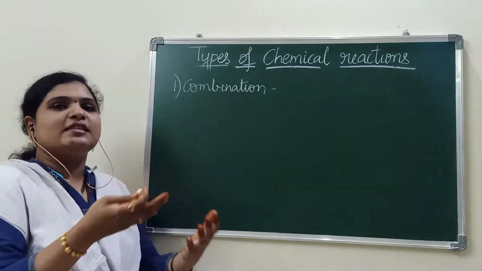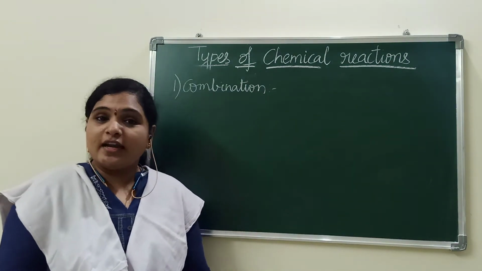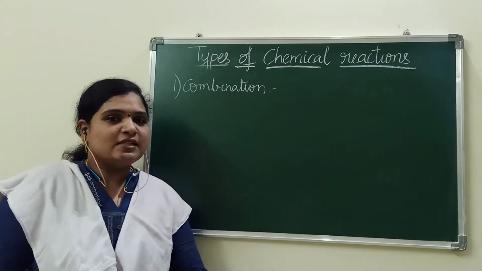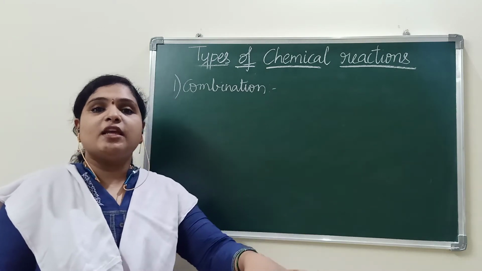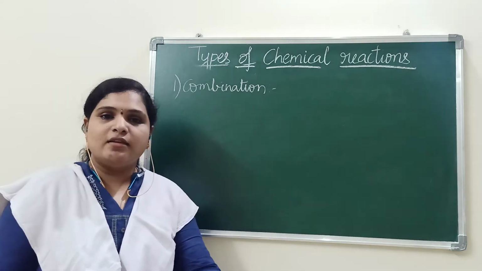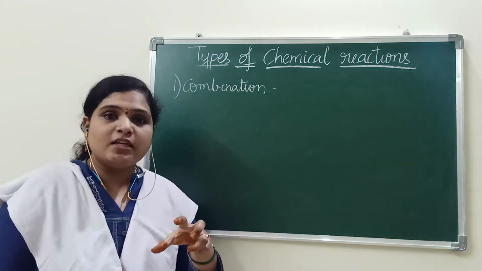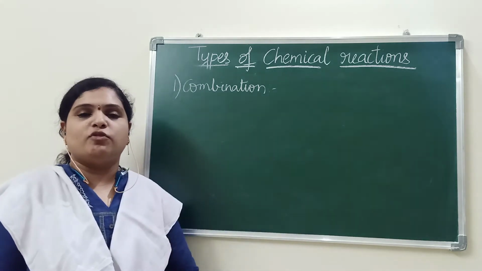As the name itself is indicating what kind of reaction it is. What kind of reaction? Combination. The name itself is suggesting, right? It is a combination of something to form something. Combination of something to form some other something. Some product will be formed.